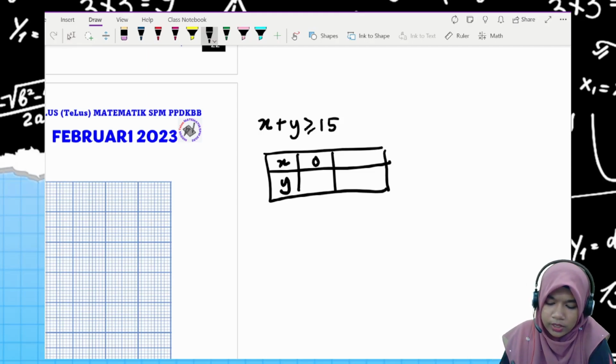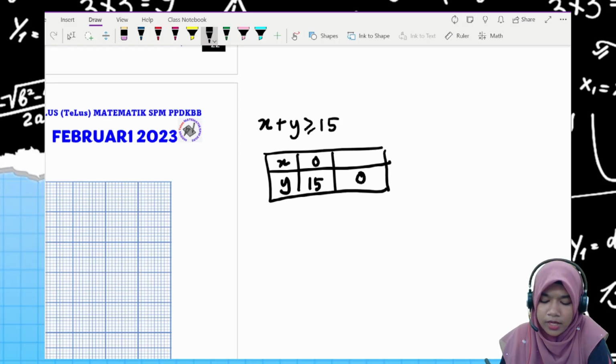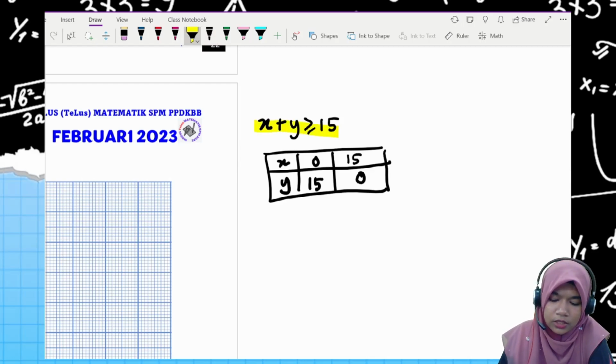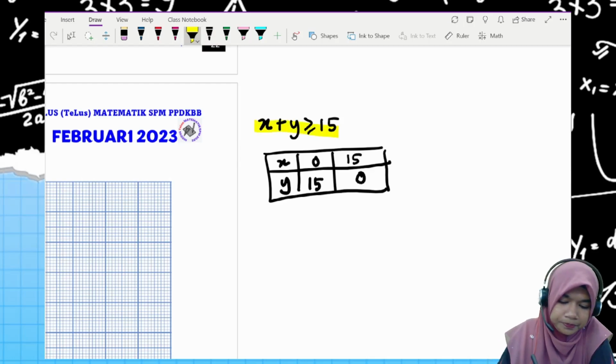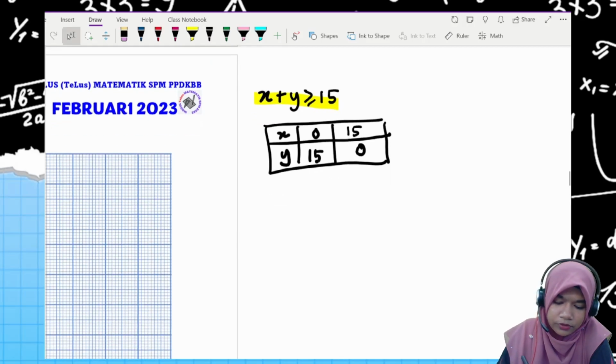When x equals to 0, y is 15. When y equals to 0, x is 15, based on the equation here.